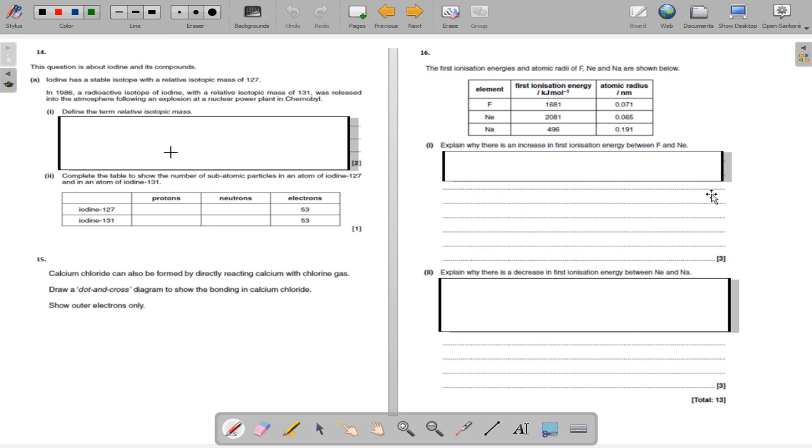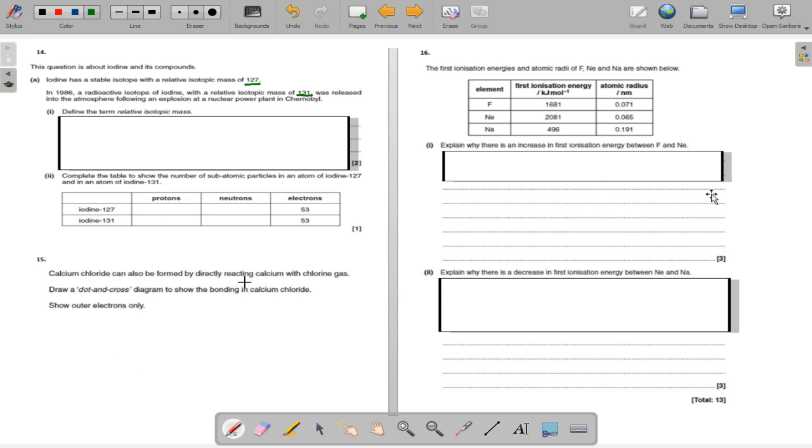And if we go on to the next 2 questions, iodine has a stable isotope with a relative isotopic mass of 127, and the relative isotopic mass of 131, which is the radioactive isotope of iodine. And we need to find the different values for protons and neutrons for iodine 127 and 131.